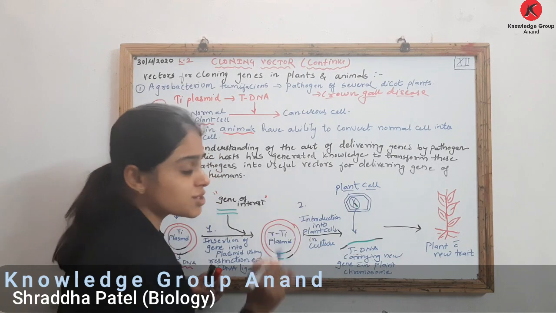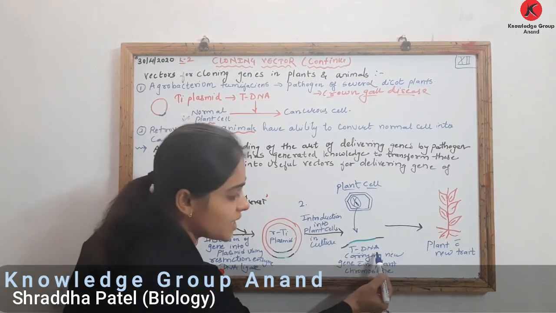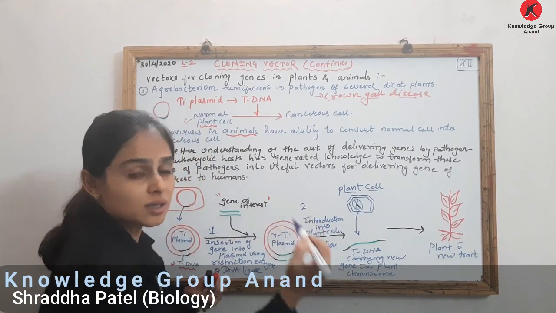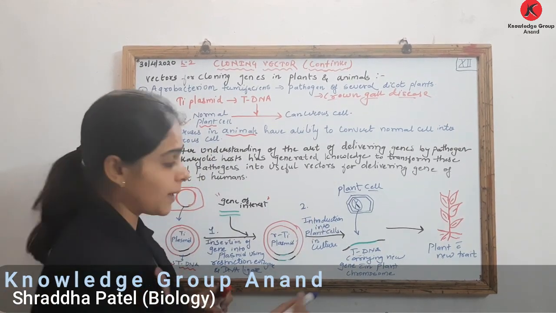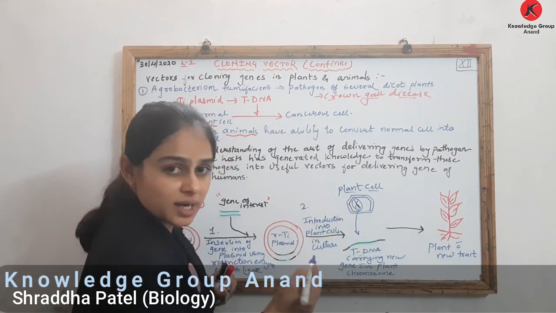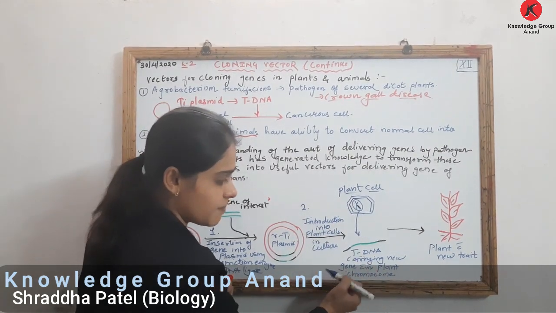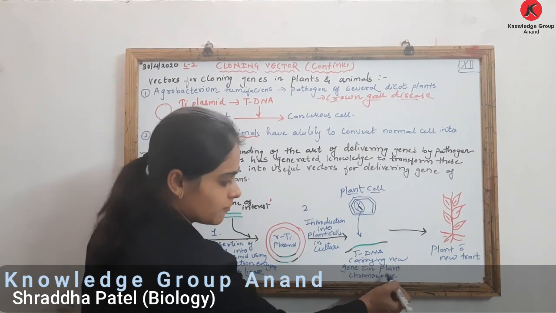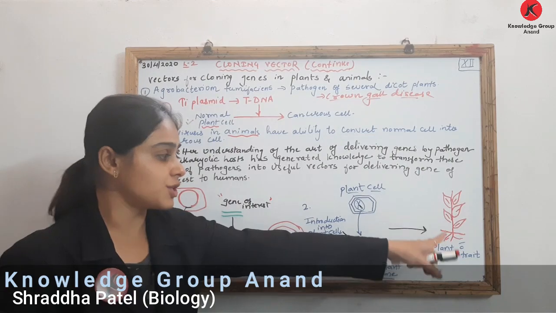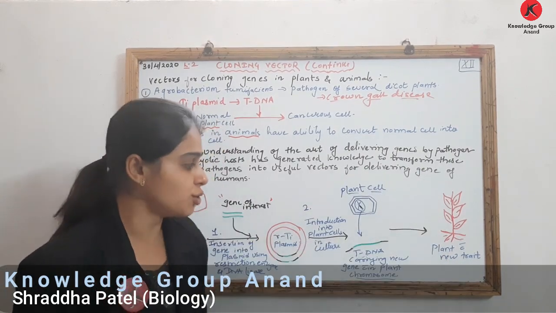To this chromosome your tDNA carrying new gene is introduced. So this is your plant cell, and I have zoomed out this portion. What I have written: this is tDNA carrying new gene within plant chromosome. Now this plant grows with new trait.